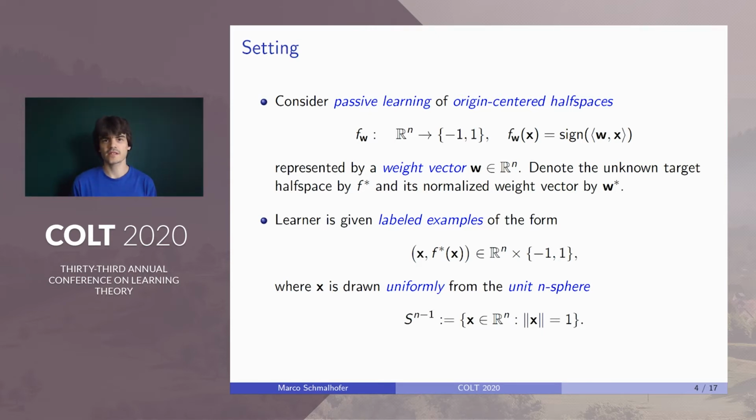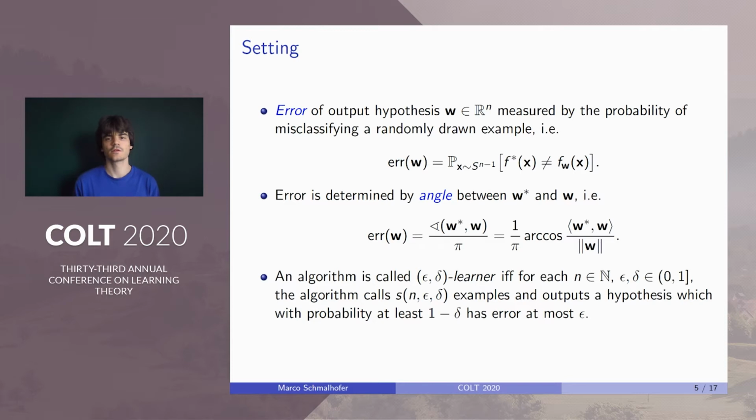The learner is given labeled examples, which are pairs (example, label), where the examples are drawn uniformly from the unit n sphere. The error is, like in the PAC model, the probability of misclassifying another randomly drawn example. Note that in this setting, the error is also determined by the angle between w star and w, which gives this expression for the error of a hypothesis w.